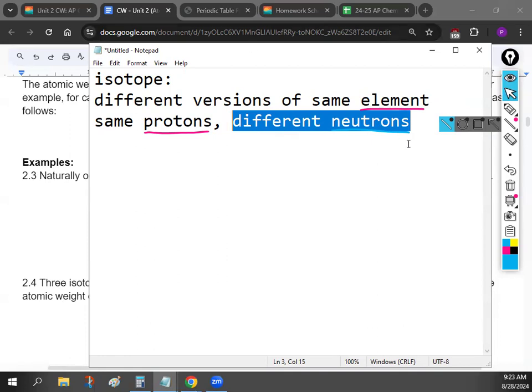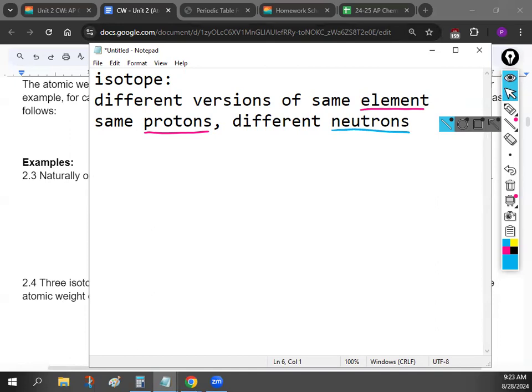Now what we're going to talk about next is this thing called mass spec. Mass spec, very simply put, is a way to separate isotopes. Spec stands for spectrometry, but I didn't want you to write that, so we just call it mass spec.